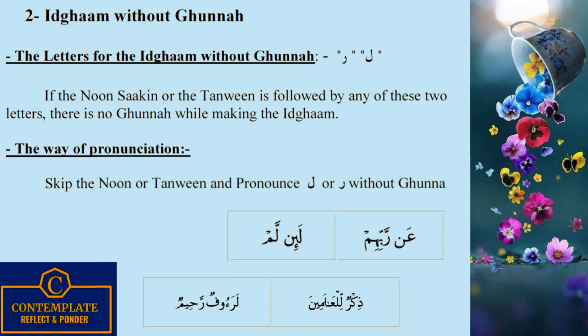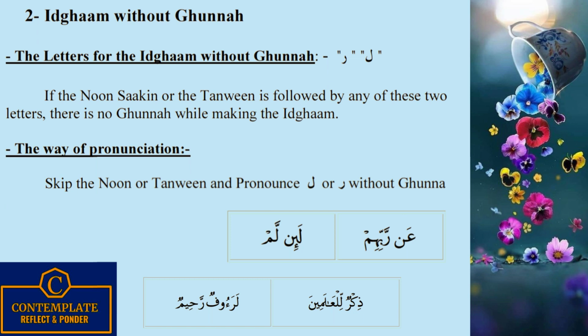In idgham with gunna, we took 4 letters out of 6, which were yanmu. Here we take the remaining 2 letters, which are lam and ra. If the noon sakin or the tanween is followed by either of these 2 letters, there is no gunna while making the idgham.